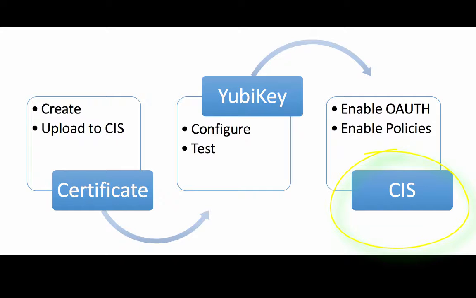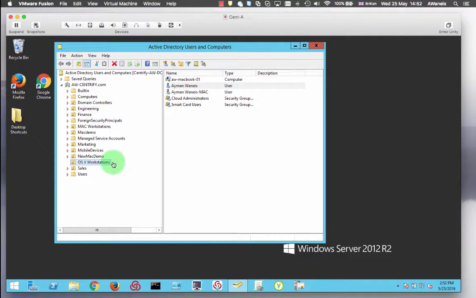Once the 3 stages are completed, the end user will be given the option to log into the Centrify portal using their YubiKeys. To prepare the environment, you will need to create a new test user in your AD. As an example, I have created a user under the OS X workstation OU. You will need to follow the standard wizard until the user is created under your desired OU using the Users and Computers tool.